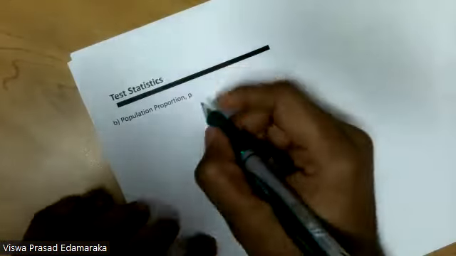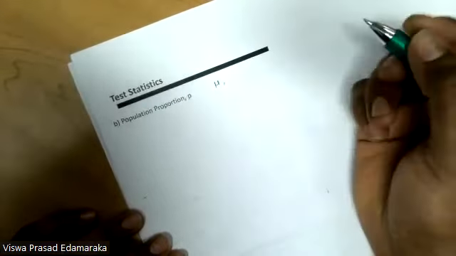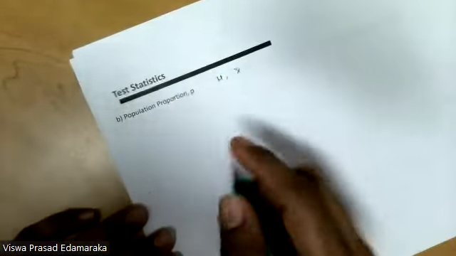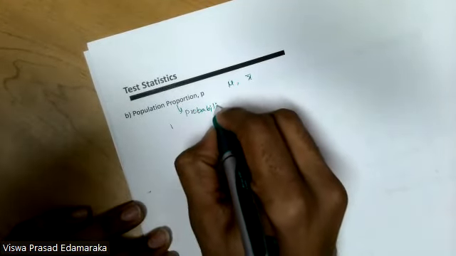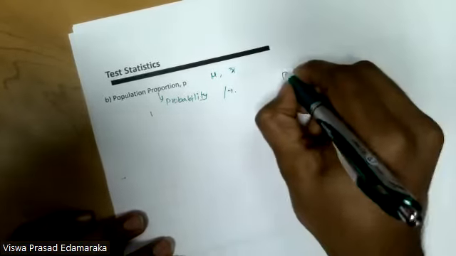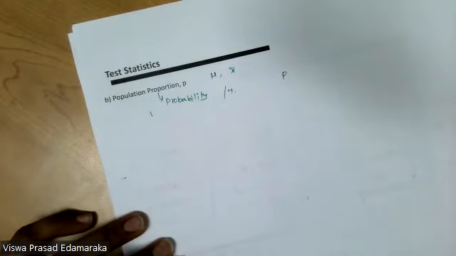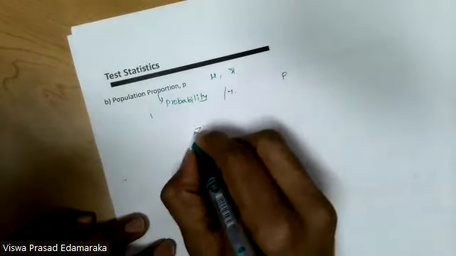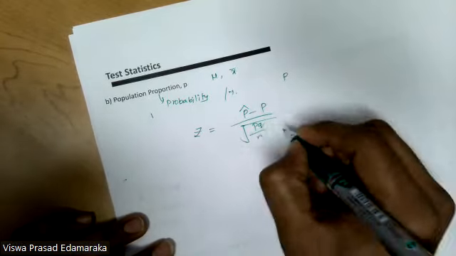And when it comes to population proportion, he doesn't use the sigma value or x bar value. He'll give some proportions, and proportions mean probability or percentage. We will calculate the p value, and he will give the conditions like null hypothesis and alternate hypothesis, and we will calculate the z value, p cap minus p divided by root of pq by n.